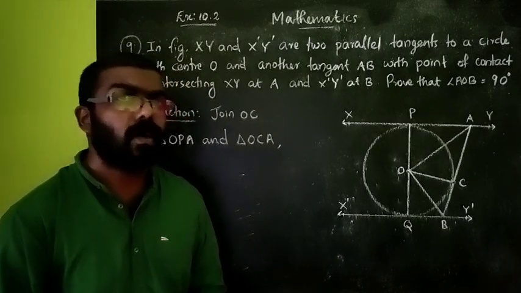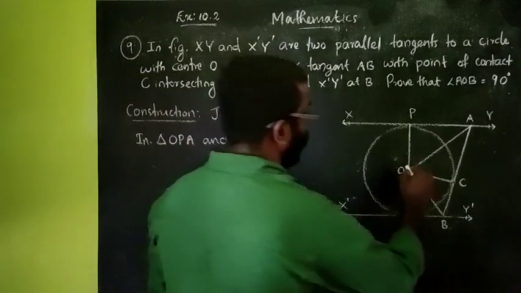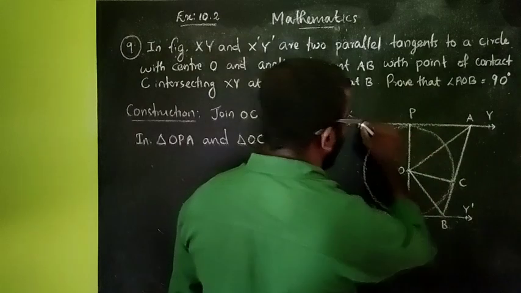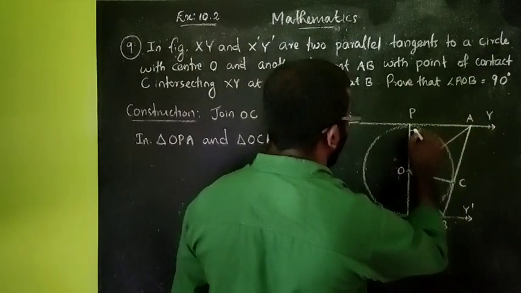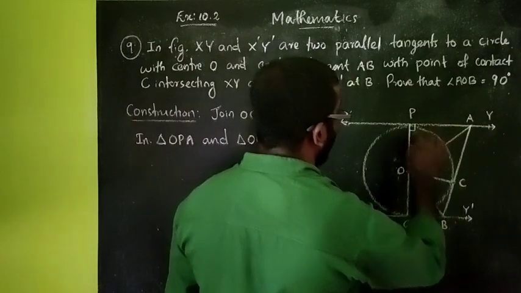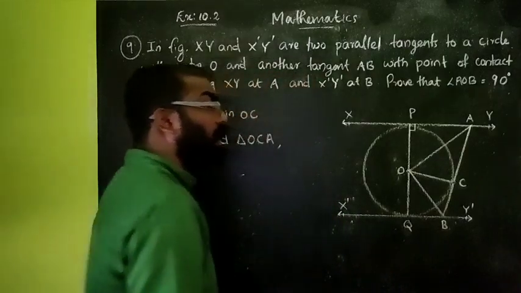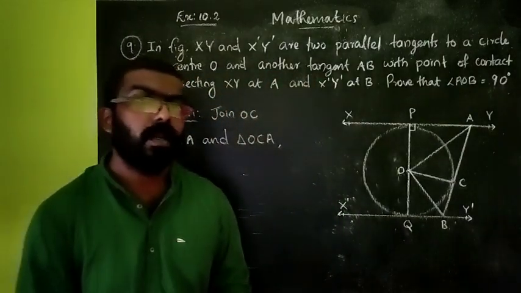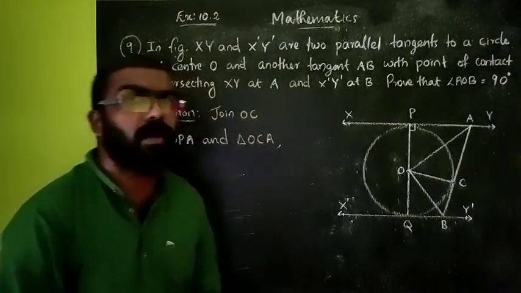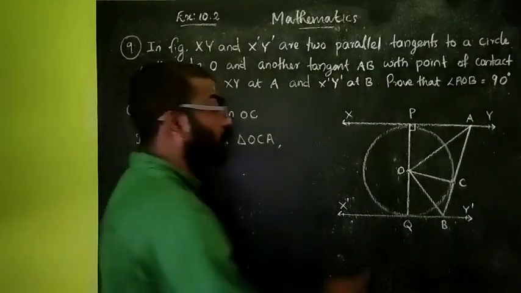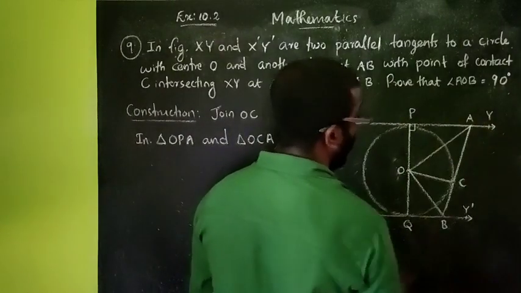Here OP is the radius and XY is the tangent. So by theorem 10.1 we can say this angle will be equal to 90 degrees. Tangent is perpendicular to the radius through the point of contact. So angle OPA equals 90 degrees.